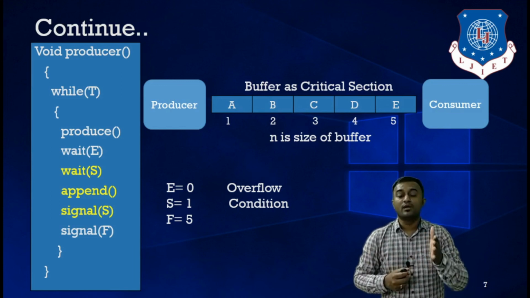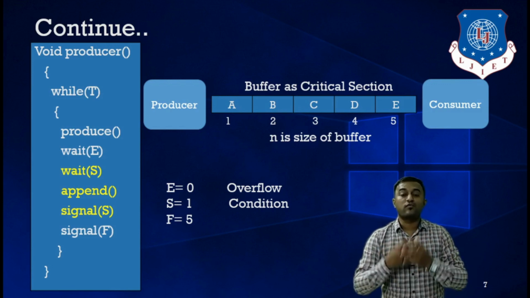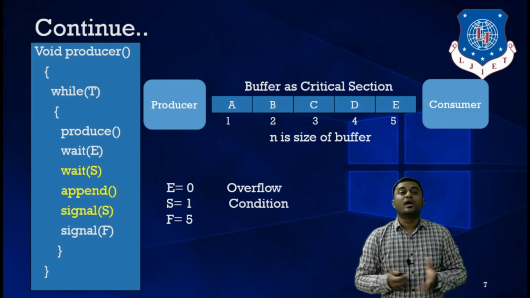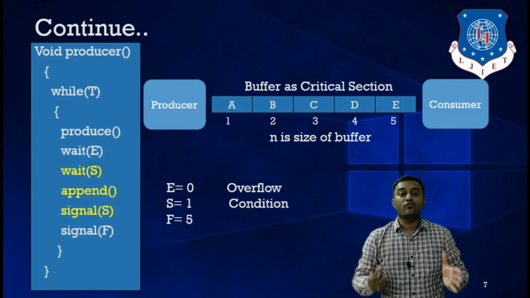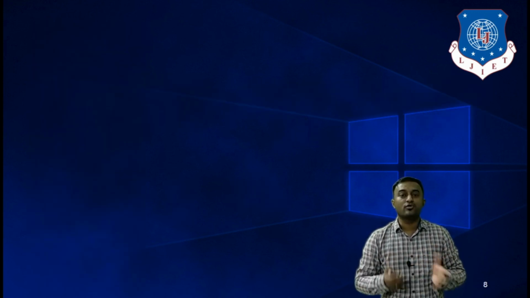So it means that by having this logic, we can also check the overflow condition. Yes. So in this way, you can avoid the problems of producer consumer. We solved the producer consumer problem, which is one classical problem of process synchronization, with the help of semaphores. So I hope it was clear to you.